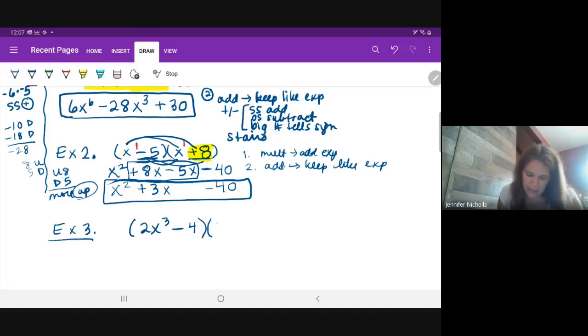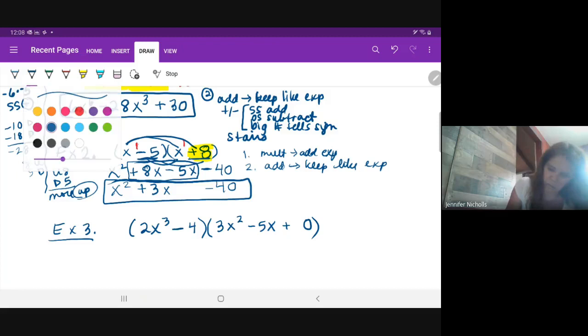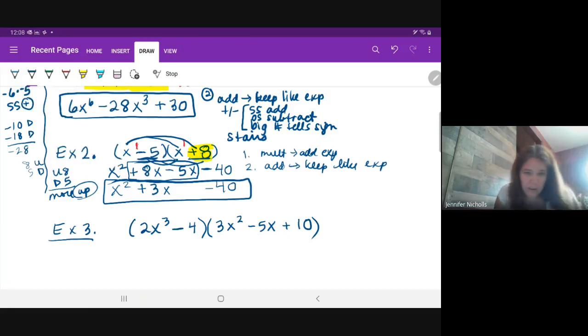Okay, and then 3x squared minus 5x plus 10. Okay, now I made this one more complicated. What do you notice that looks different from all the other questions?